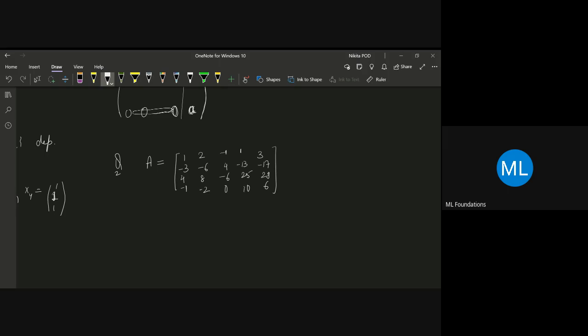You can go and convert it to echelon form, and that will give you the row space of matrix A. The non-zero rows of U will give you the row space of A.